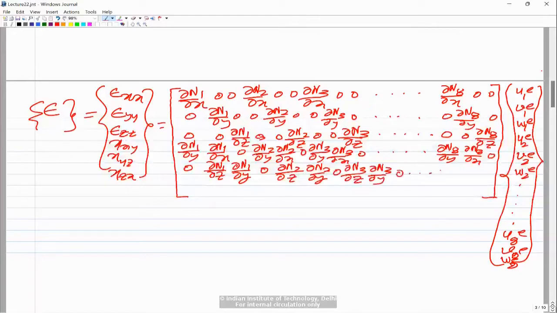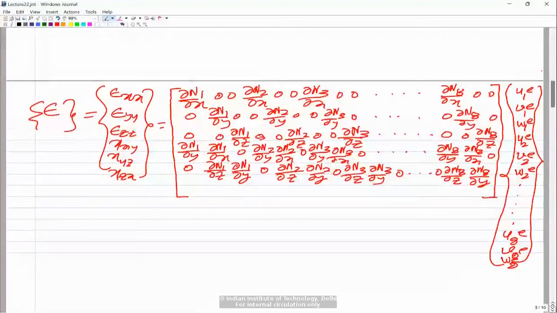And then the same thing here: 0, del n8 by del z, and del n8 by del y. Sorry, I wrote z and y in the wrong order. Here it is: v derivatives are with respect to z and w derivatives are with respect to y. So we will have these as the interpolations for gamma yz.